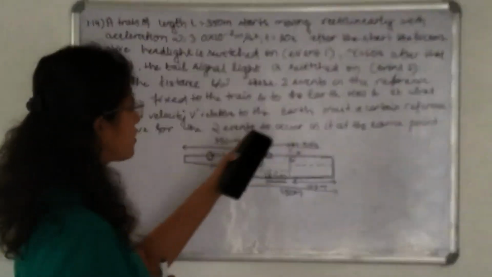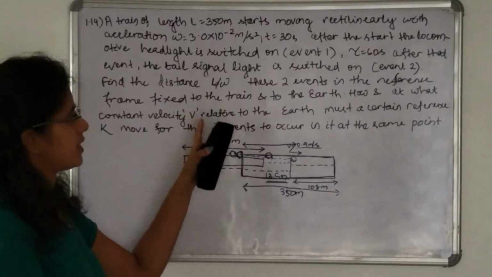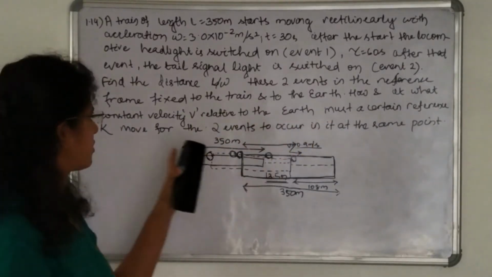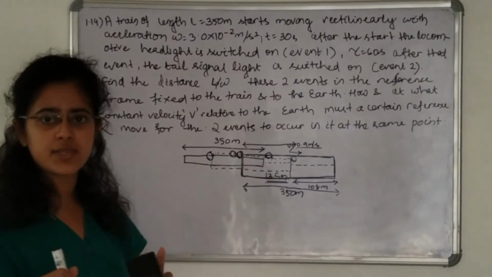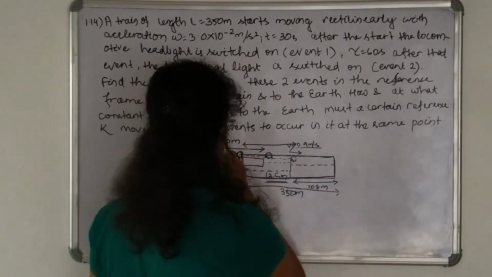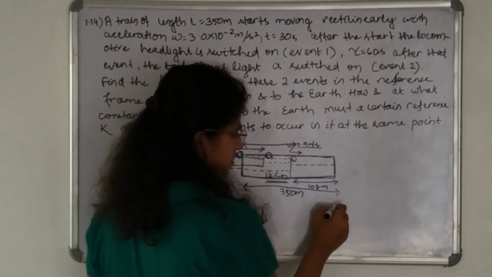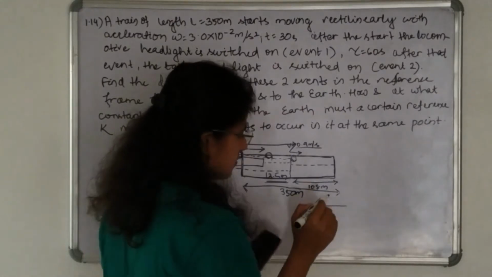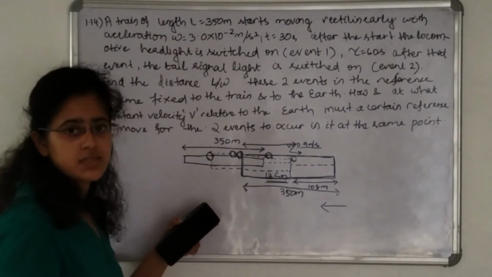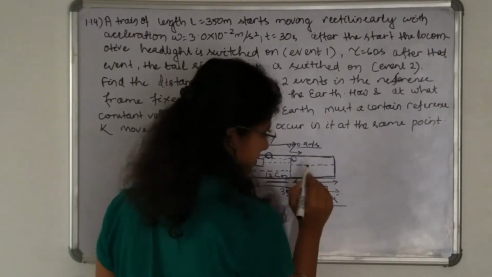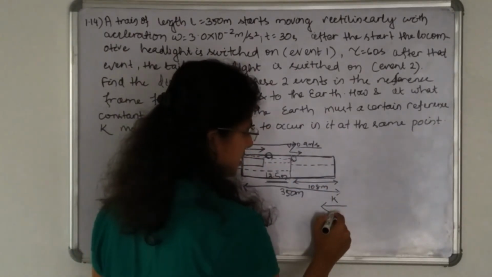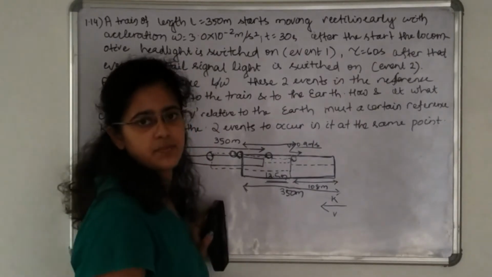We have to calculate the constant velocity v relative to the yacht of a certain frame K for which the two events occur at the same point. To experience these events at the same point, the reference frame has to move in this direction. This reference frame is K. Let us say it is moving in this direction with velocity v.